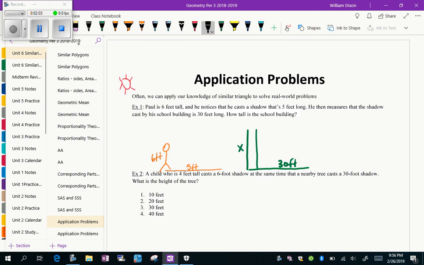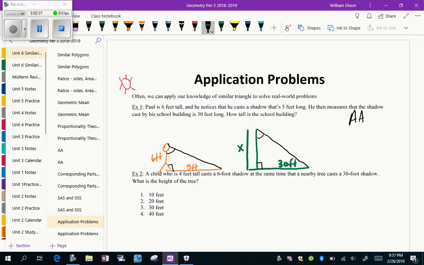Well, if I go to the top of Paul's head and connect it to the end of the shadow, and if I go to the top of the building and connect it down to the end of the building's shadow, those two angles are congruent. Also, Paul and the building form right angles. So my two triangles are similar because of angle-angle.